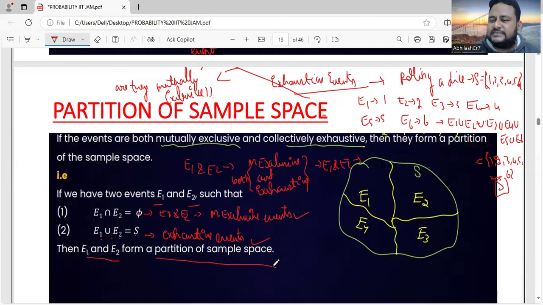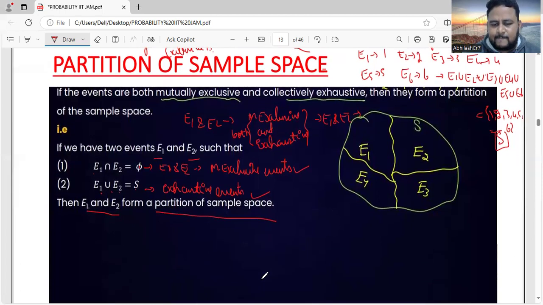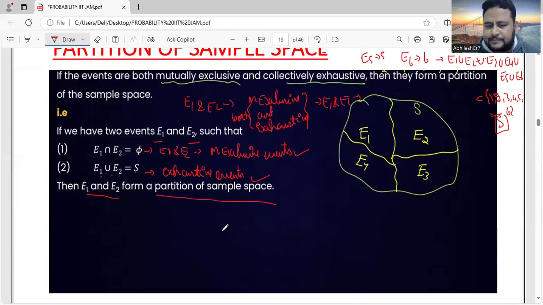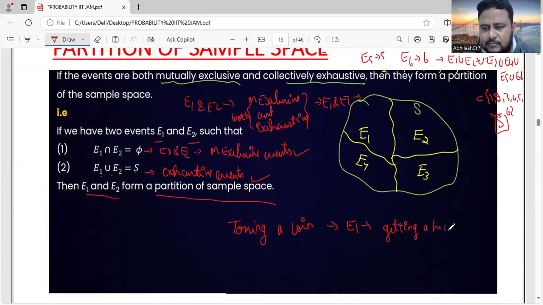What is the example for this? Tossing a single coin and getting head and tail, which we discussed earlier. Event 1: the experiment is tossing a coin, and E1 is getting a head, represented as the set {H}.